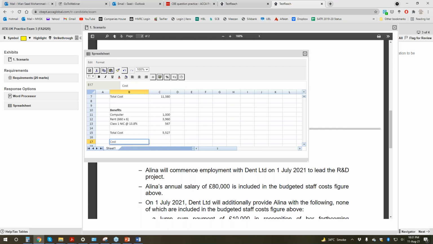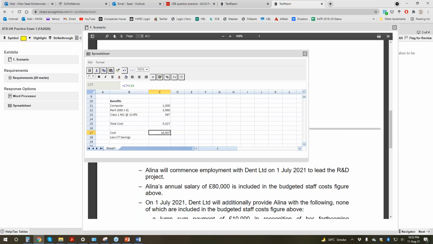So the cost will be this plus this, less CT savings. Now CT savings will be on the total benefits that the company is providing.